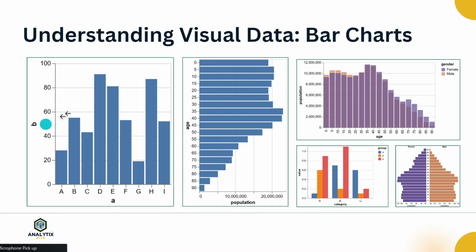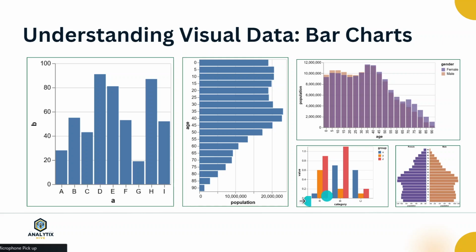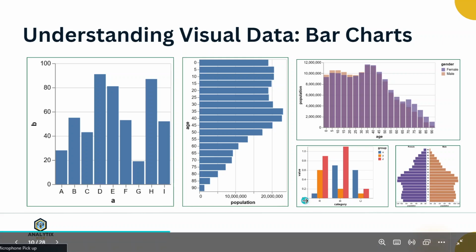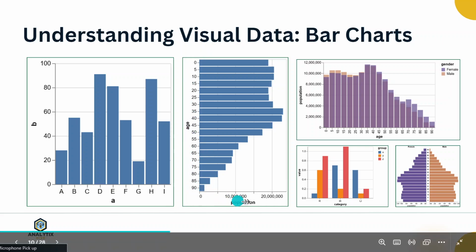Okay, we have another form of bar chart here, but the tricky thing is that we have the numerical here, which is the age and the population.